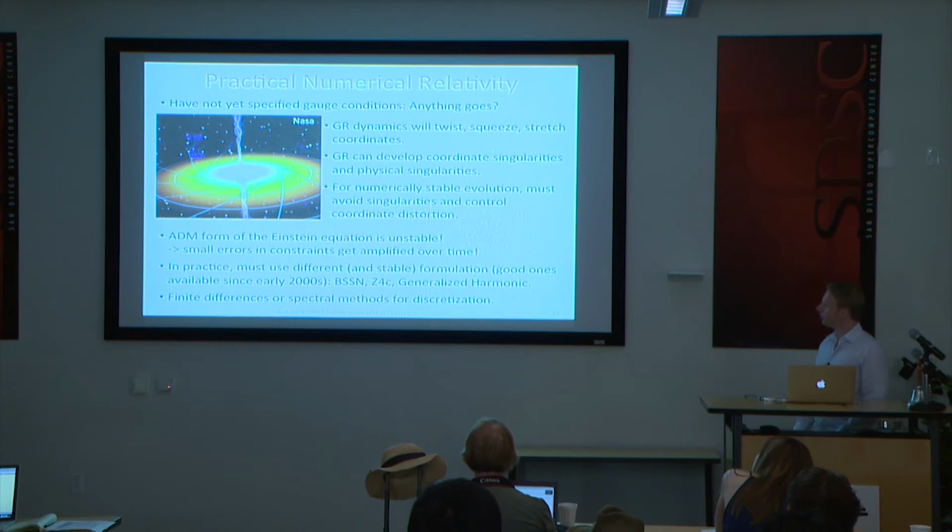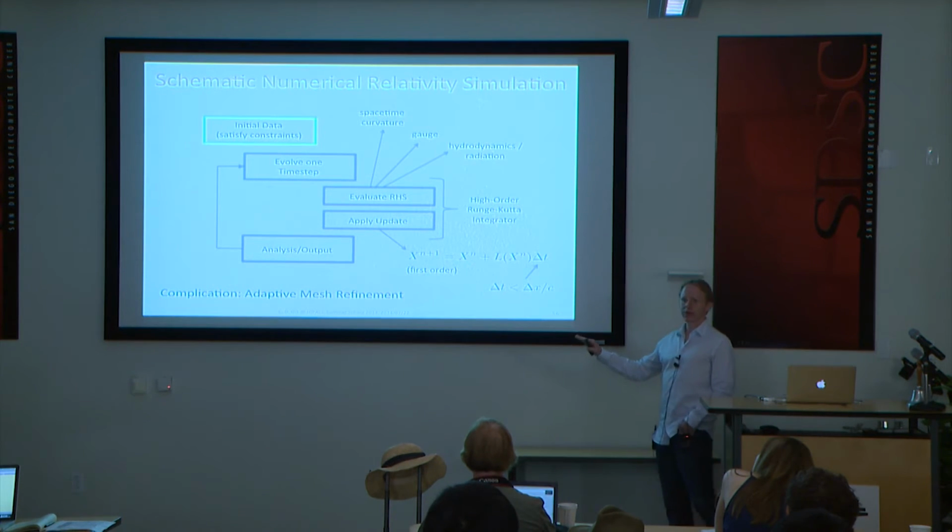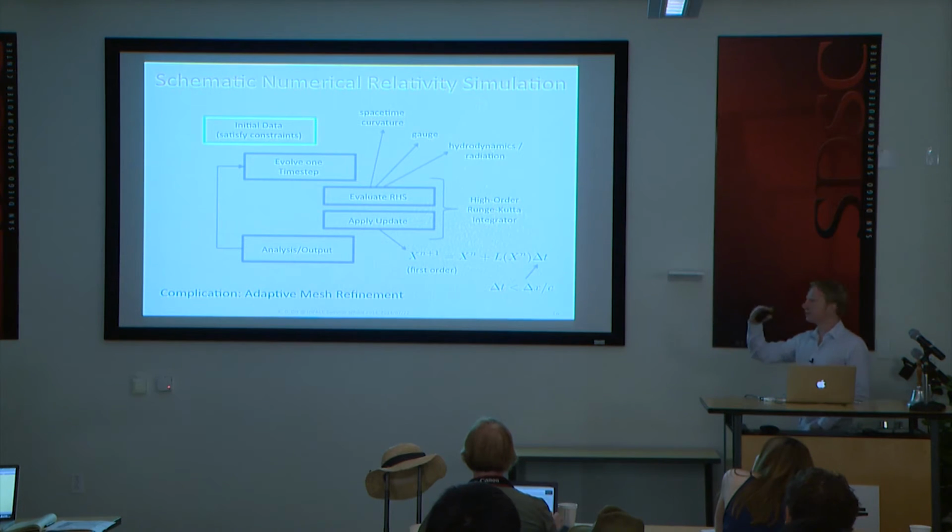These equations are typically solved by just doing finite differences, high-order finite differences, fourth order, sixth order, eighth order, or spectral methods for discretization. So if you think about a numerical relativity simulation, it looks like this. You start out with initial data that satisfies the constraint equations. So you have a solution of the Einstein equations, and then you integrate in time.